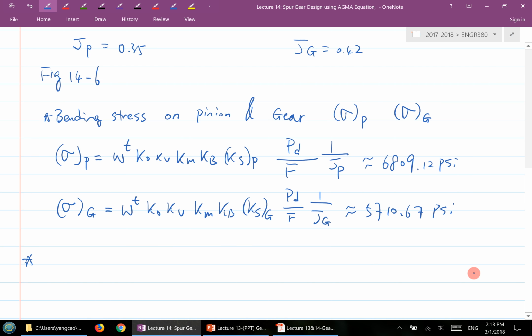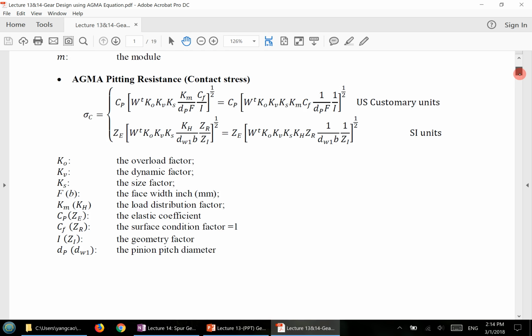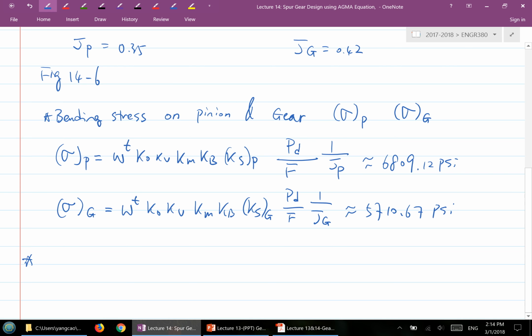Once we find these two, the next step is we'll find the contact stress, and after the contact stress, we're going to have to find the allowable strengths. Then we'll compare the stress with the strengths to figure out the safety factor. I'll show you in an Excel file the template for calculating all of these things, to save you some of the tedious calculations.